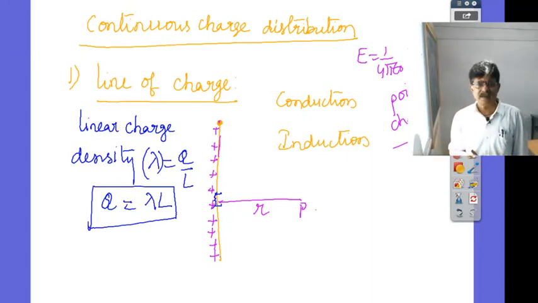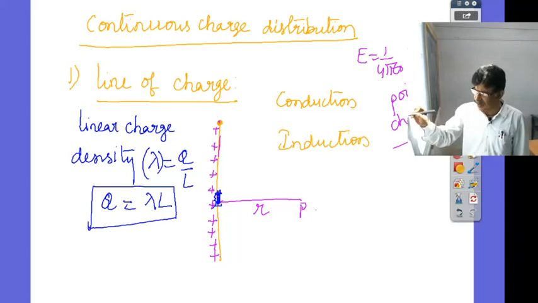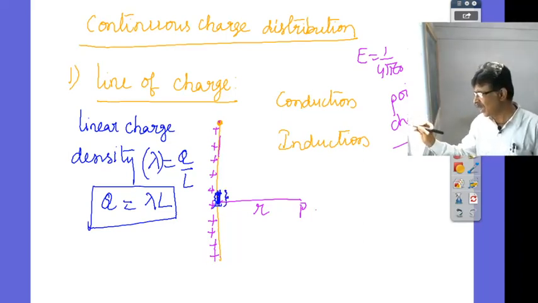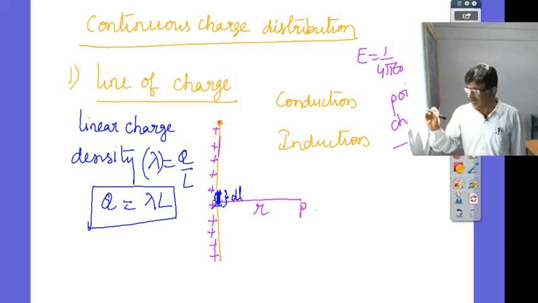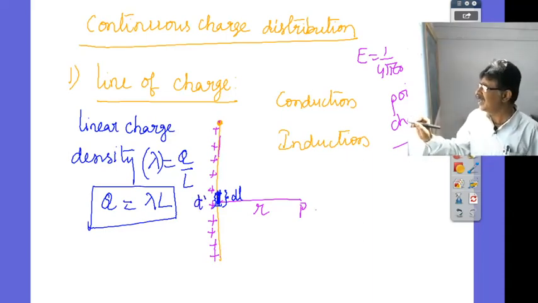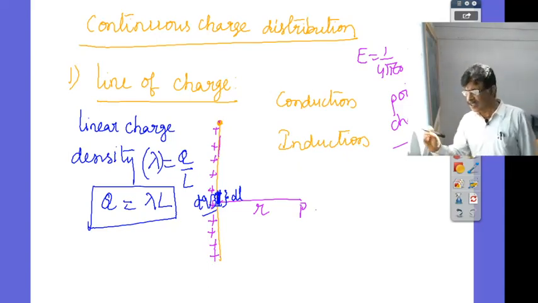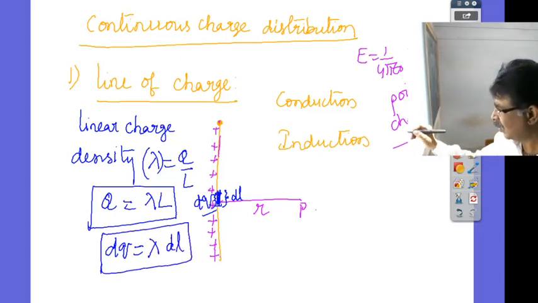To have visibility, I am taking it a little bit lengthy, but it is in fact very small, infinitesimally small. On this infinitesimally small length, there will be a very small charge. So that small charge dq can be represented as lambda into dl, as per the knowledge that we have.